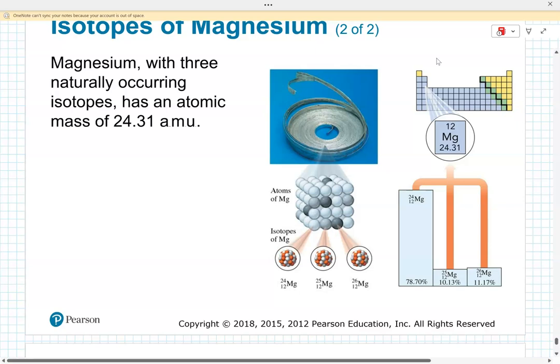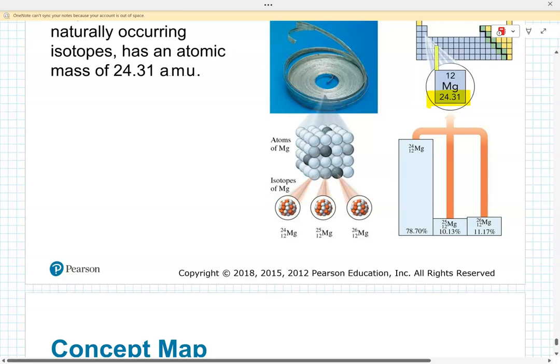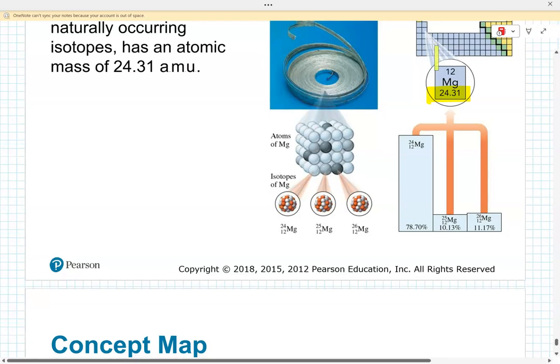So, this is a great example. If you look at the periodic table here, you see this 24.31, okay? This is the mass number that takes into account the fact that magnesium has 3 different isotopes, and that these isotopes have different frequency of occurring.